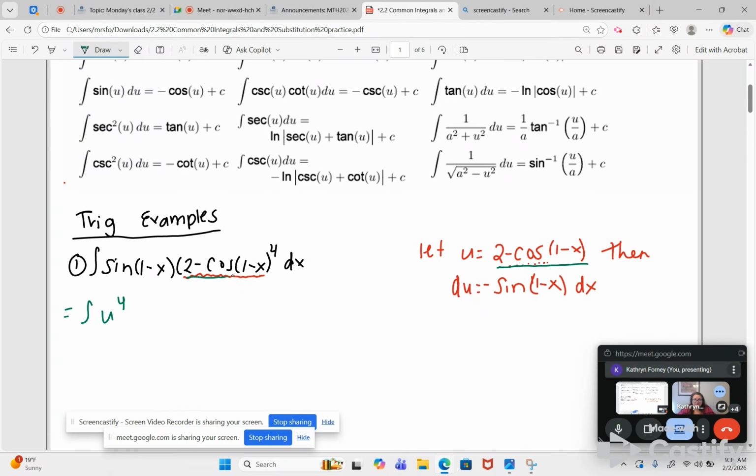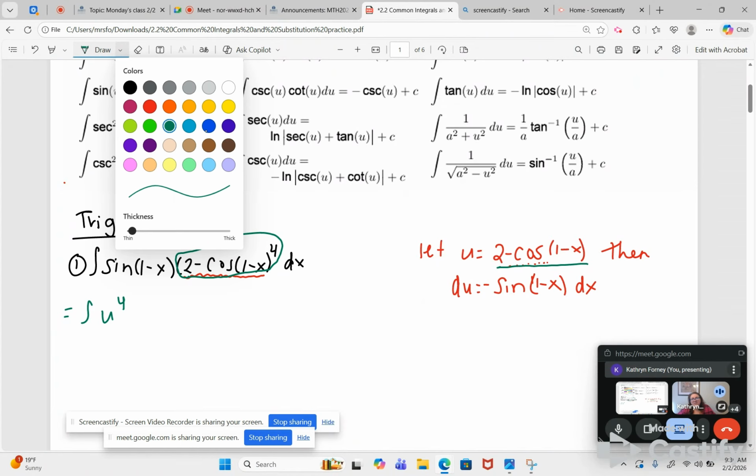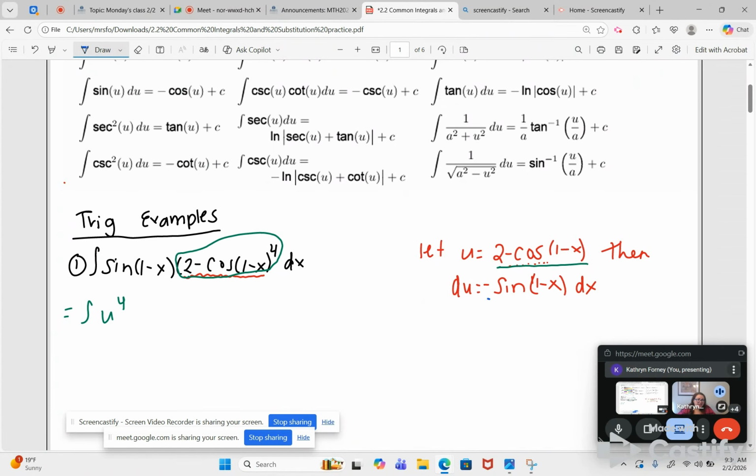That's here. That all is taken care of. Now we look at our du. Our du is negative sine dx, the sine function. So which part of that is not taken care of in this problem? The negative. So you need to put the negative somewhere. Either you put it on the outside or you can put it on the inside.